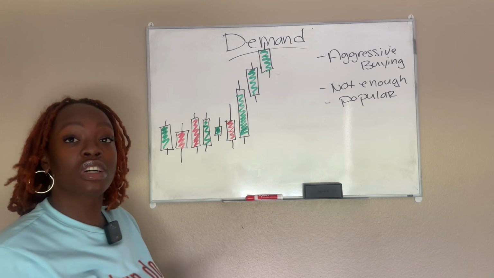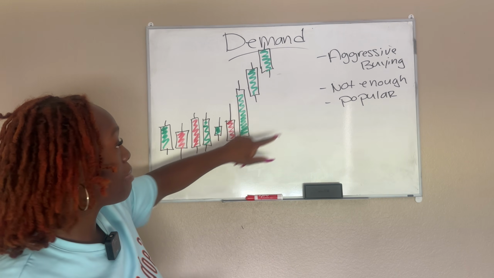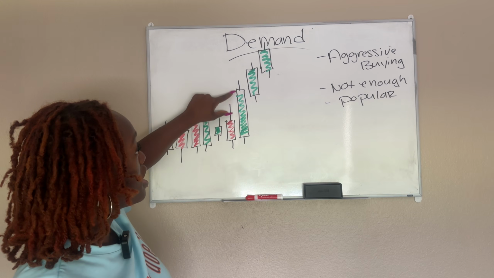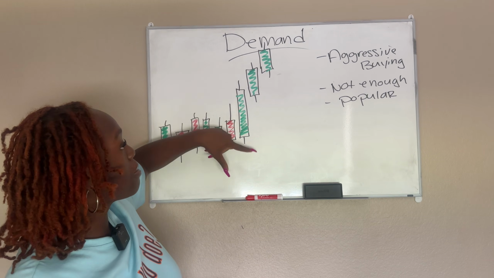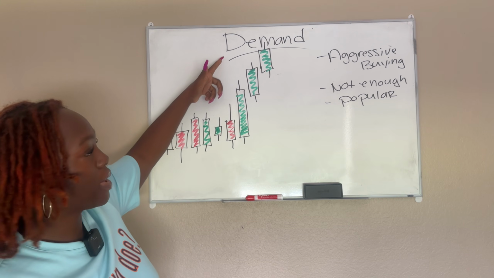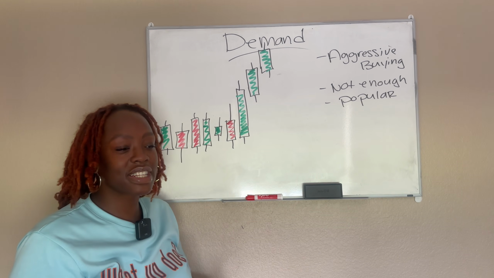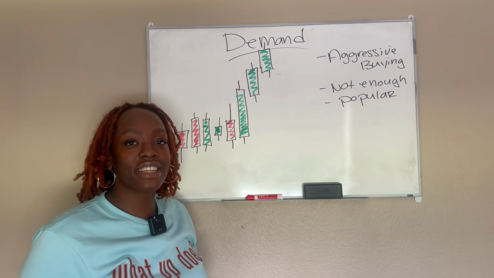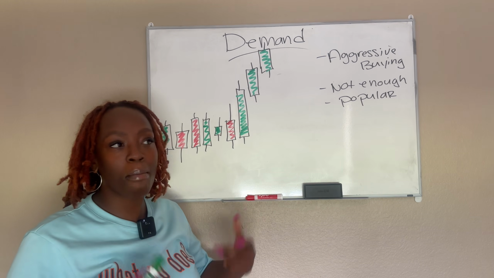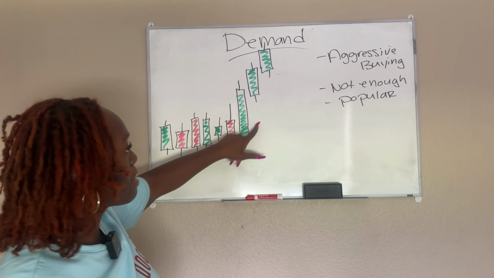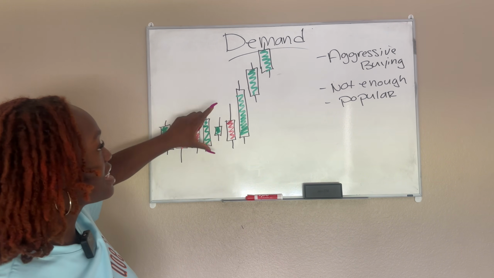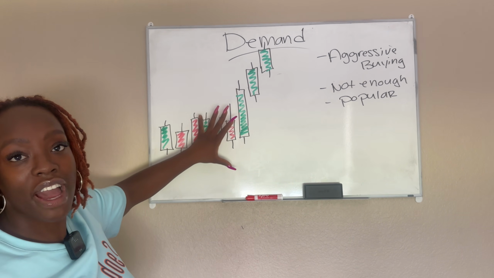But what you're looking for in demand is aggressive buying. You see here, we are just shooting up, shooting up, buying, buying, buying. We already know that trading and the charts are about buying and selling. So you're buying, buying, buying. This is where you're going to find your demand.